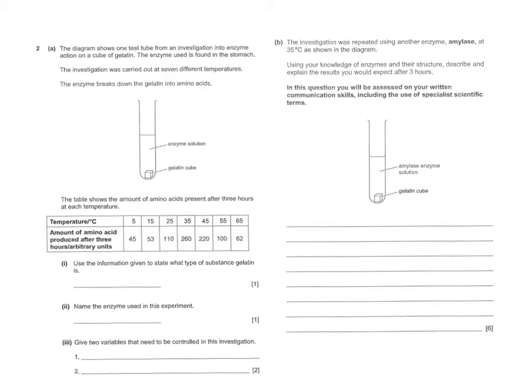To put it into context, we need to look at the page before. So if we look at the page before, it tells us that we're looking at an investigation into an enzyme action on a cube of gelatin. So the gelatin is our substrate.